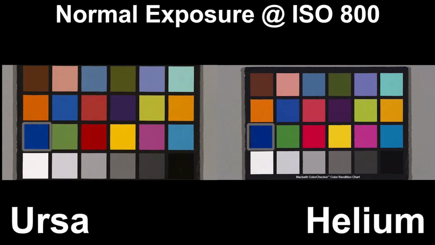So in terms of the blue, we can also see that in the red helium, it seems to be darker and just more blue, as you might put it. So overall, in the normal exposure, we can say that the red, magenta, and blue hues with the red helium camera have more red tones in them, so it makes them appear brighter.